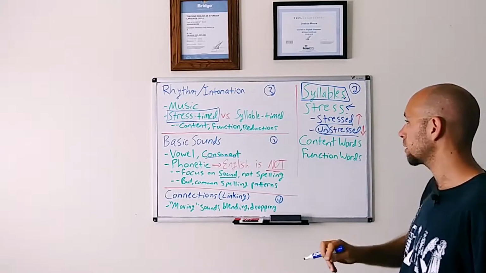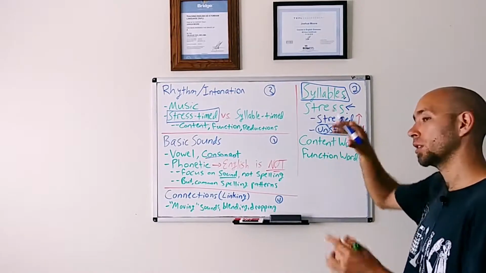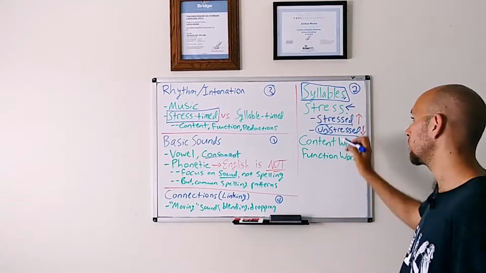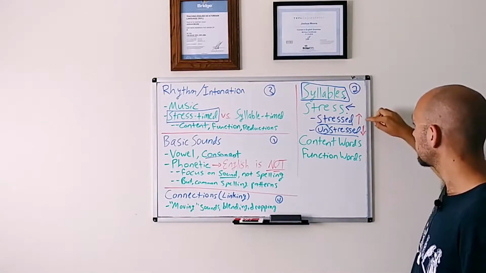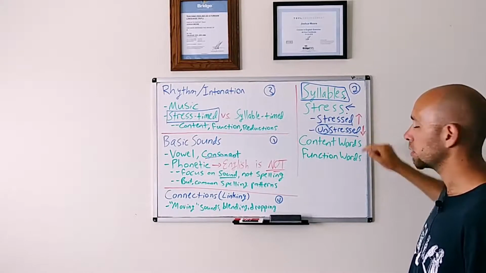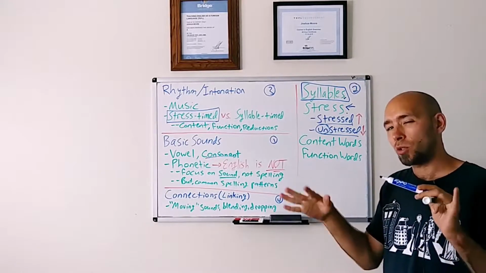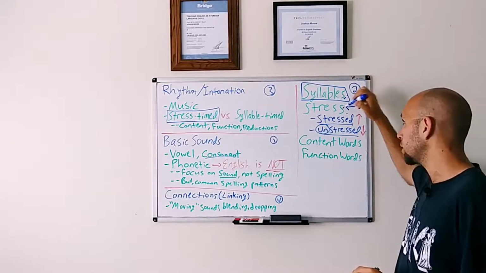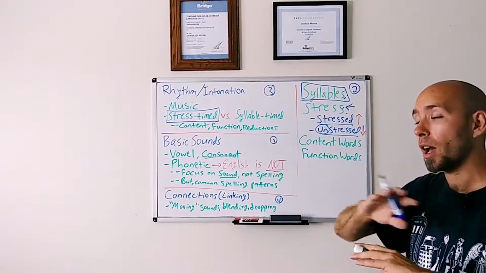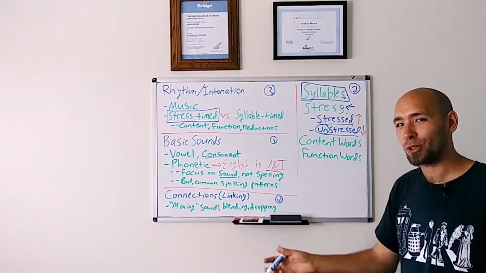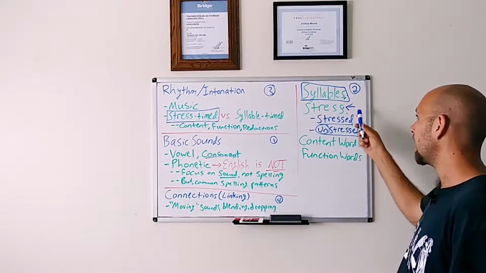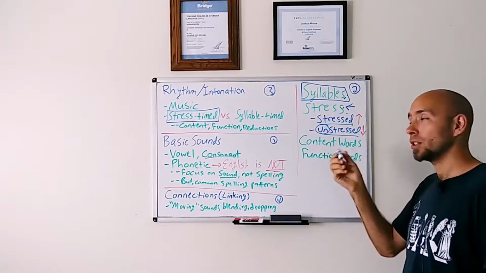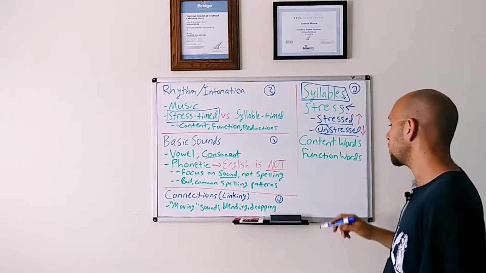Un is another prefix that makes a word negative, so this means not stressed. So you can see stressed is up, unstressed is down. That's the general idea. Many languages have syllables and stress, maybe all languages, I don't know. I can't say that for sure, but all the languages that I know, and particularly English, have syllables and stress.